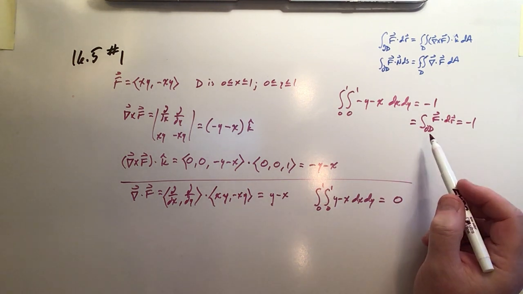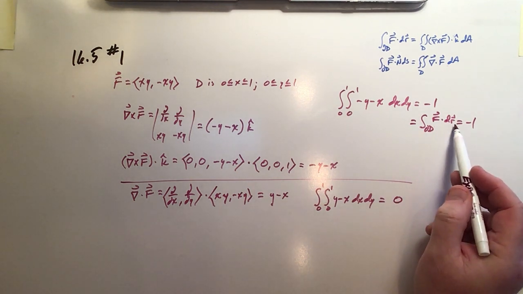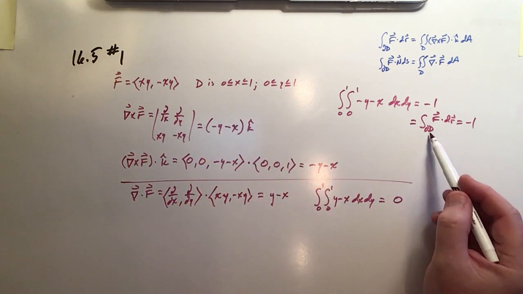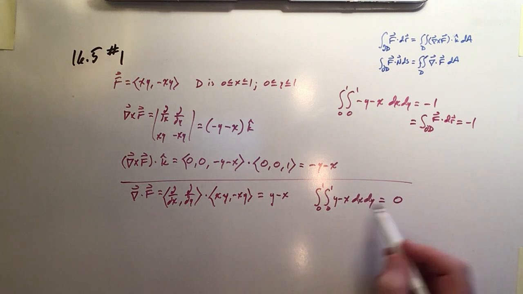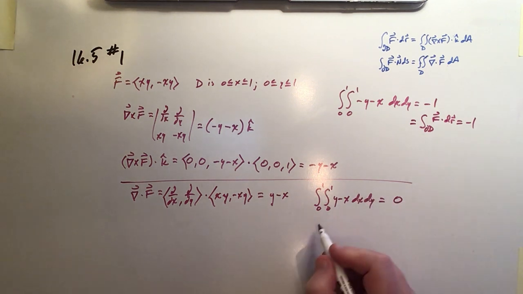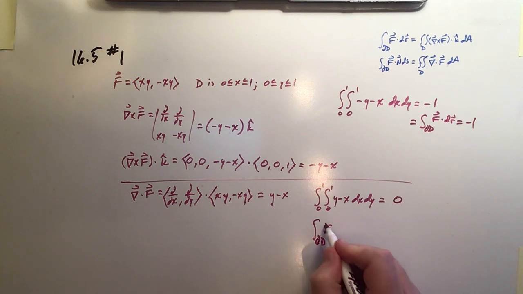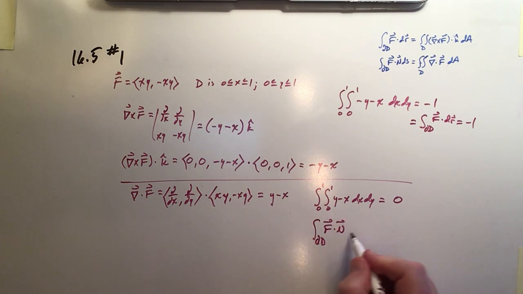So there it is, the integral of f dot dr of this f over this closed loop is equal to -1, and the integral over the same closed loop of f dot n, the normal vector, ds, will equal 0.